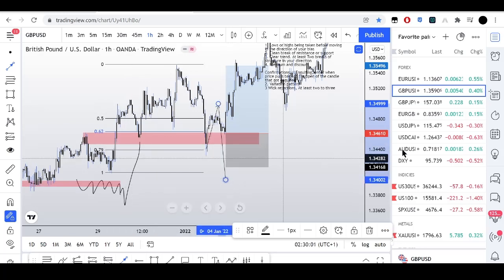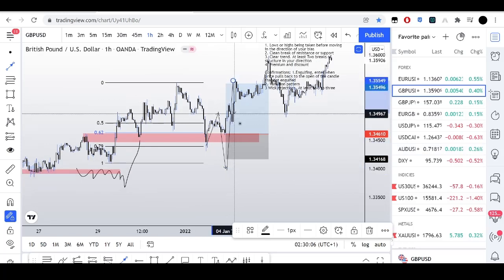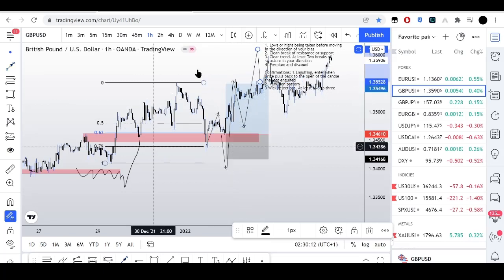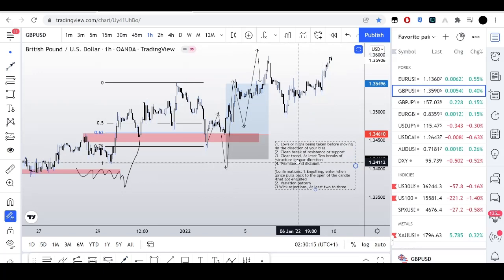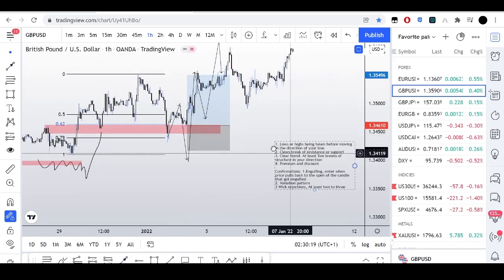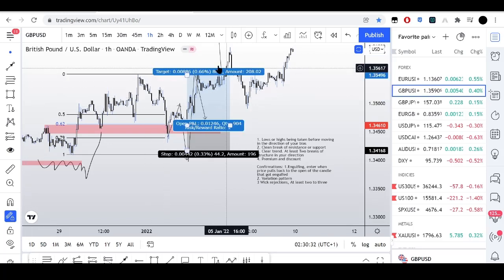If you want to start taking buys again, you will have to wait until this breaks, a pullback, and then another break of structure, and then you take your buys inside of here with the same confluence, the same model, same trading plan, same risk management, same trade management, same confirmations. Whatever you do with this, make sure you're doing the same thing consistently, and that's your edge, that's your holy grail.